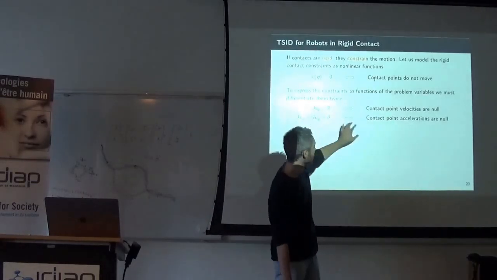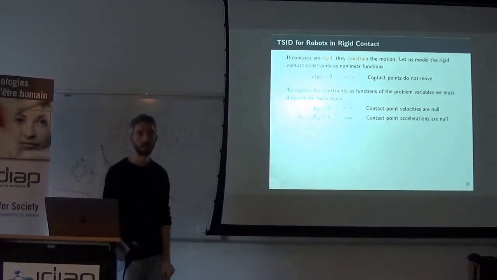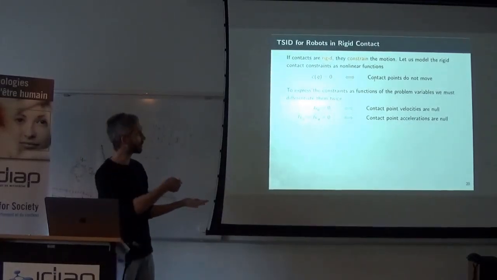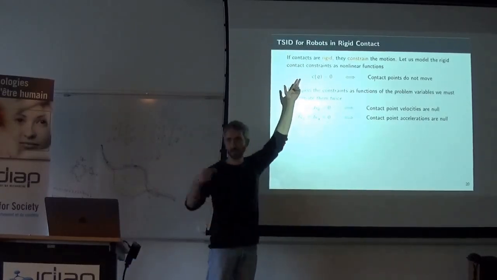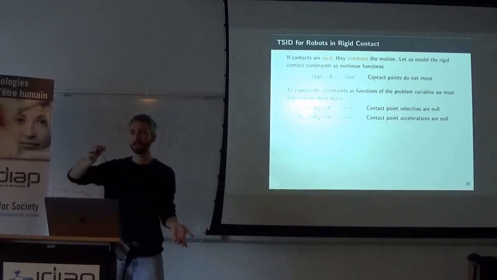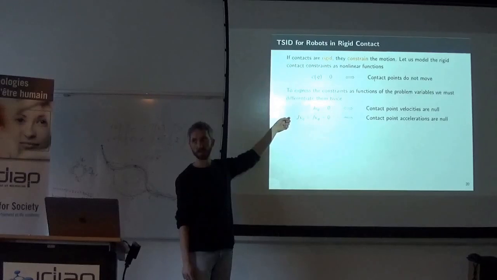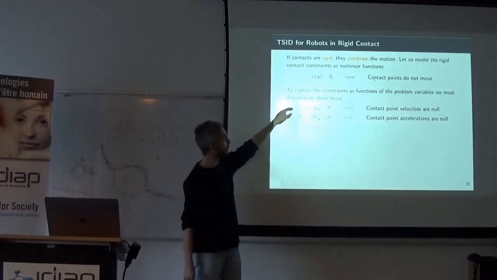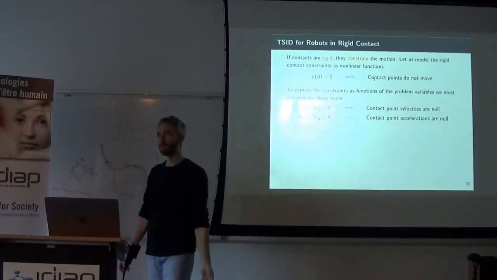And this, in words, means the contact point accelerations are null. And since at the moment where you start having the constraint it is satisfied at that instant in time, just by imposing that its second derivative is null, you're also imposing that its first derivative is null, and that the function itself is null.